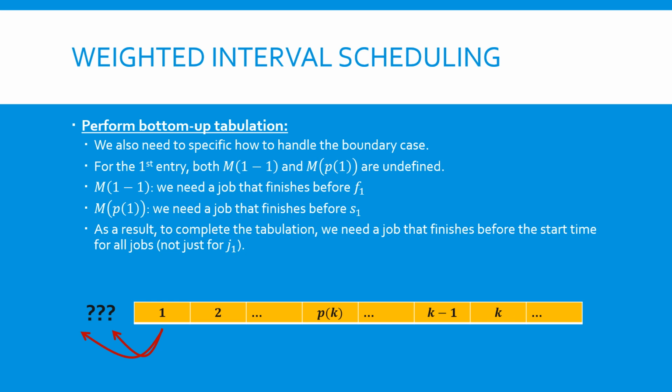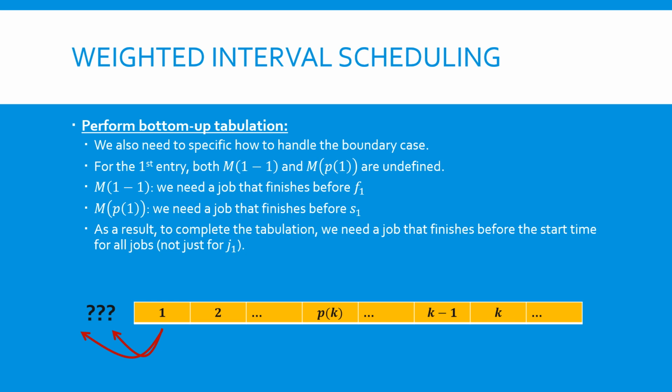Similarly, the subproblem MP1 will be associated with a non-existent job that ends before S1, the start time of J1. To handle both undefined cases, we introduce a dummy job that ends before both S1 and F1, or simply before S1.